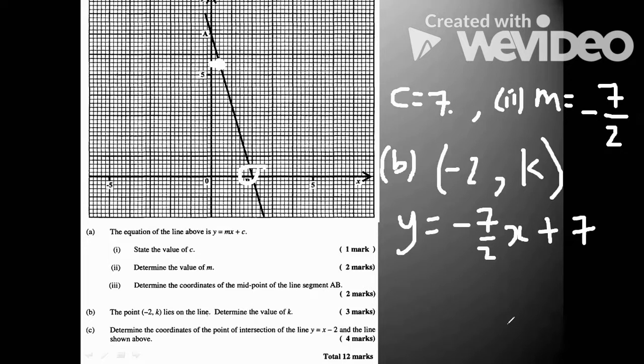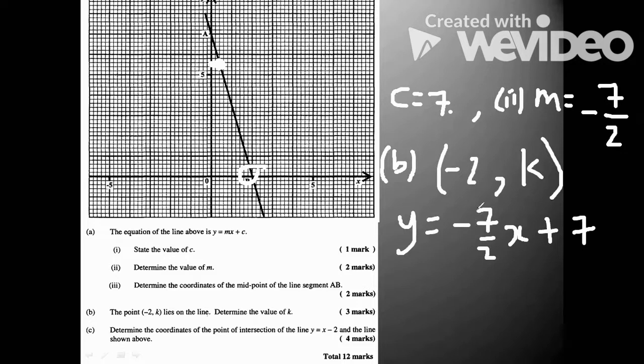Notice the difference in this question compared to the other questions we have been doing. In the previous questions we were given points and used those points to find the gradient, and then from the gradient we used a formula to find the length, the midpoint, and the equation. But because they give us a graph, it makes life a little easier for us. So this is the equation of the straight line.